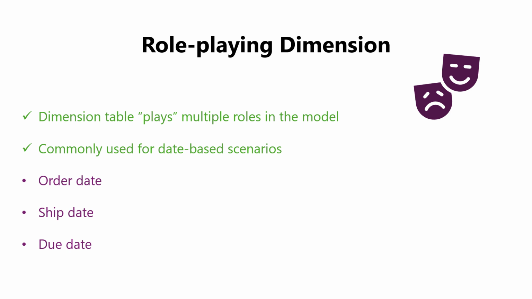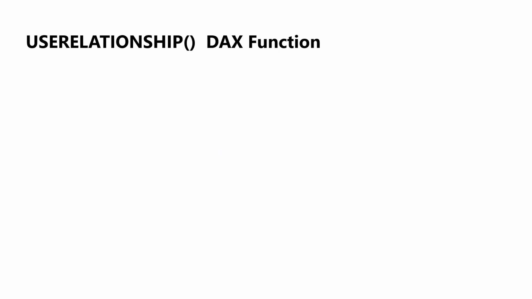Although the role-playing dimension concept is not exclusively related to Power BI, there are certain nuances for its implementation in Power BI models. One of them is the special DAX function, USERELATIONSHIP. First of all, Power BI allows for the creation of multiple relationships between two tables in the model, but only one relationship can be active at a time.